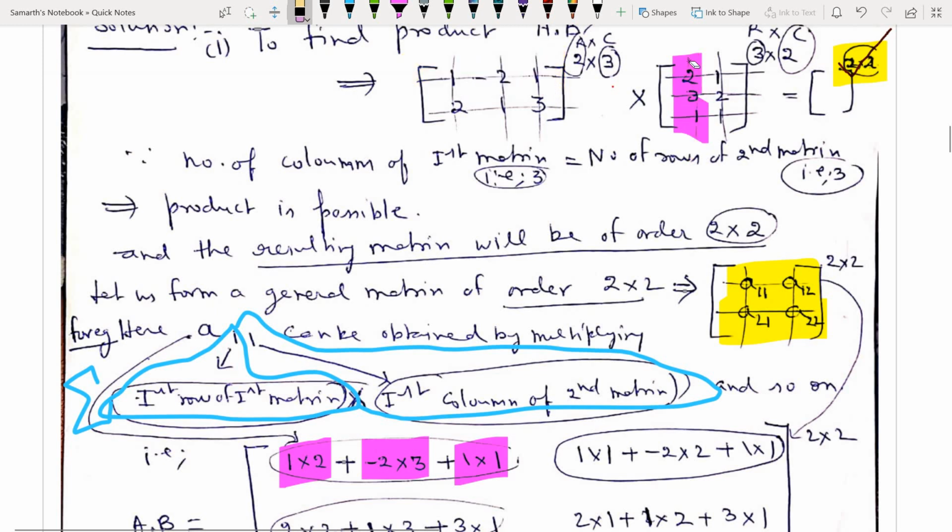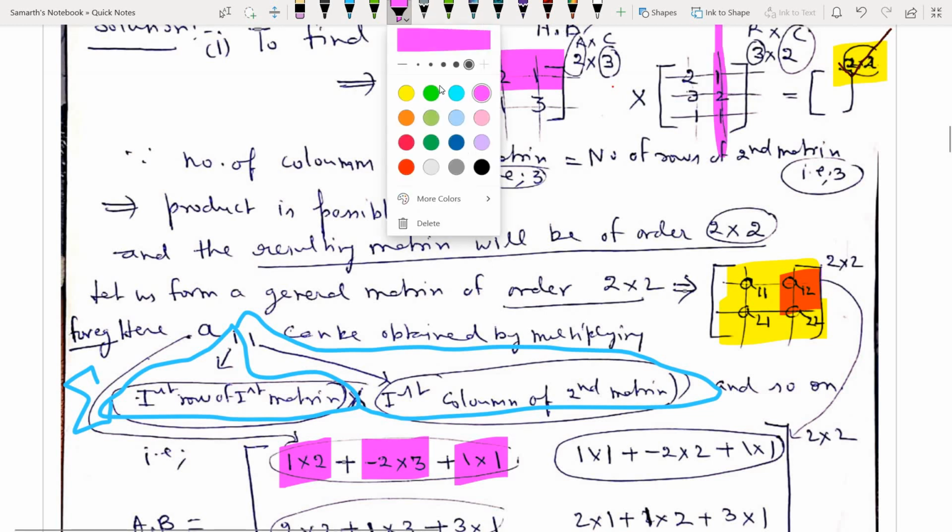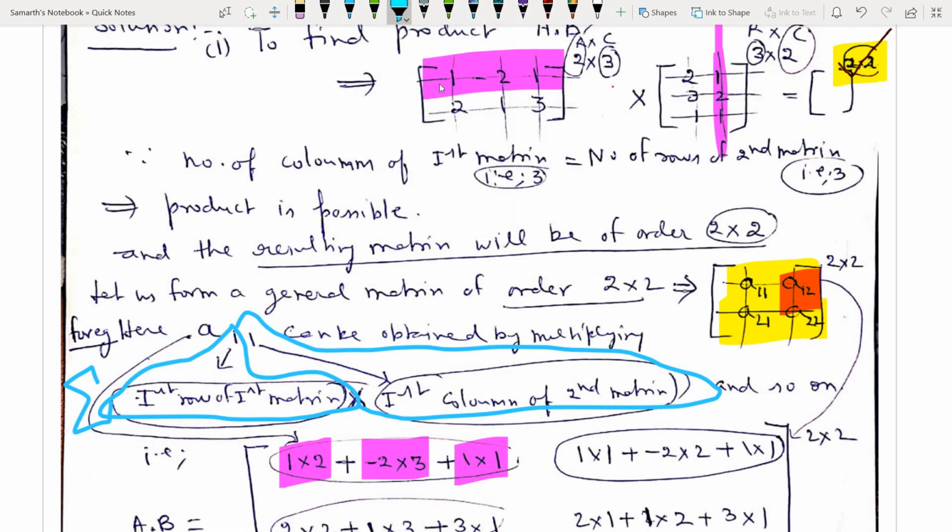In a similar manner, A12 means the first row of the first matrix multiplied by the second column of the second matrix. When we multiply, we get 1 into 1 plus -2 into 2 plus 1 into 1. We have got the second term A12.